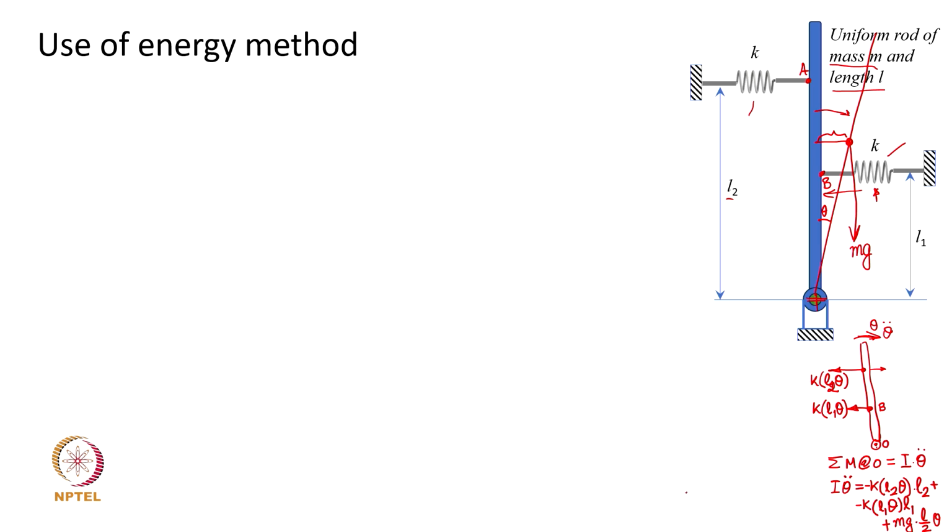So, if I write the equation that I am getting from the application of the second law, I can write this as I theta double dot plus k into L1 squared plus L2 squared into theta, and then minus mg L by 2 into theta is equal to 0. So, this actually is now my governing equation of motion.